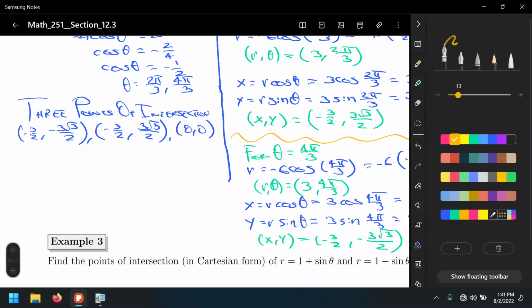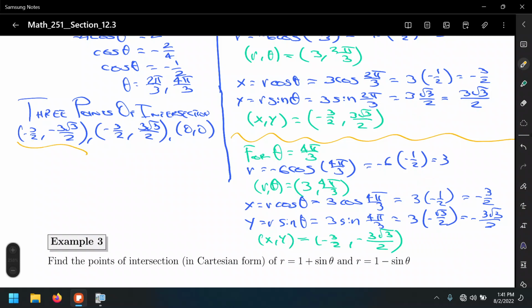Let's highlight the fact that we got this algebraically, and the fact that we got this graphically. So this is very common in the polar world.